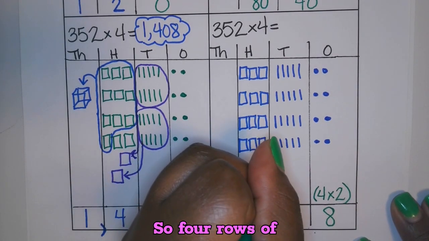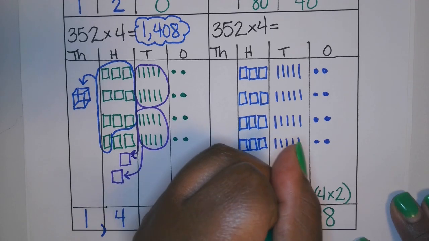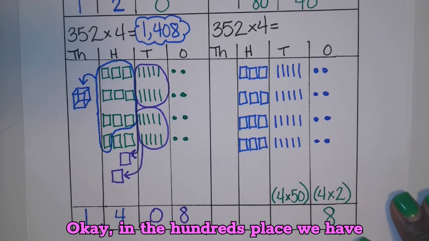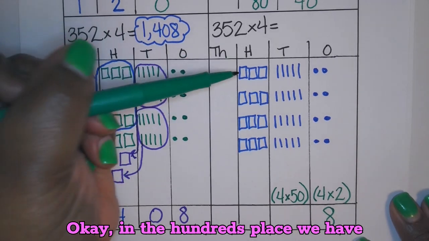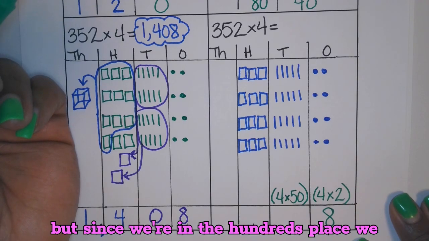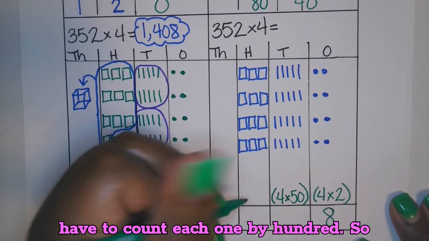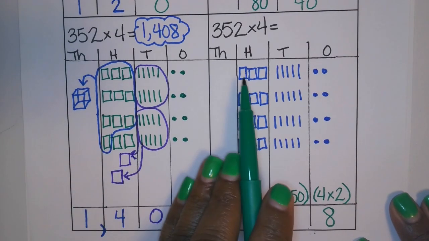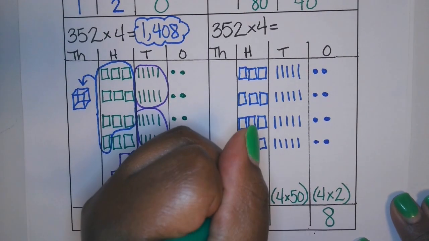So 4 rows of 50. Okay. In the hundreds place, we have 1, 2, 3, 4 rows. But since we're in the hundreds place, we have to count each one by 100. So there's 4 rows of 100, 200, 300.